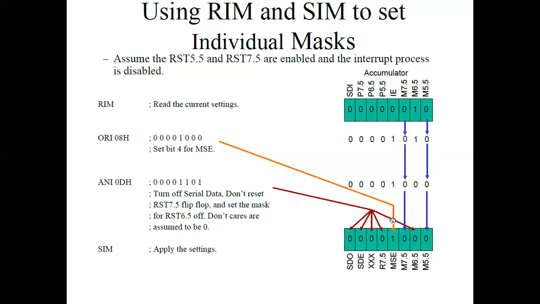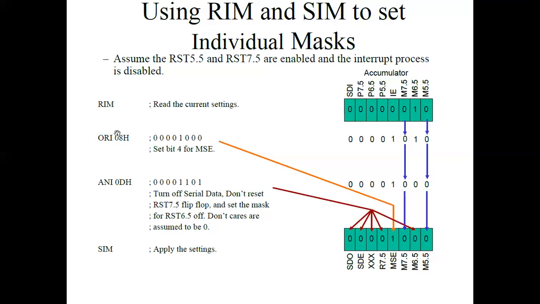And after changing that new content, we are just using the SIM instruction. That means this particular setting will be applied to the system. Okay. So in this way, the RIM and SIM instructions will be used. First, through the RIM instruction, the current settings or the current status of the system will be read, and after that, according to our need, the accumulator content will be changed by different OR and AND operations.